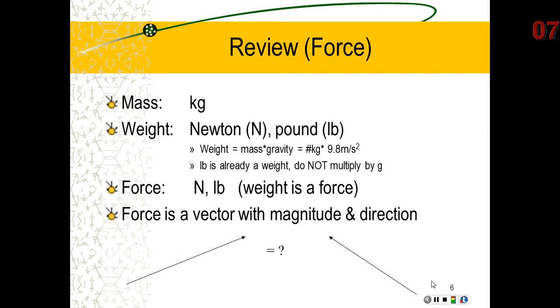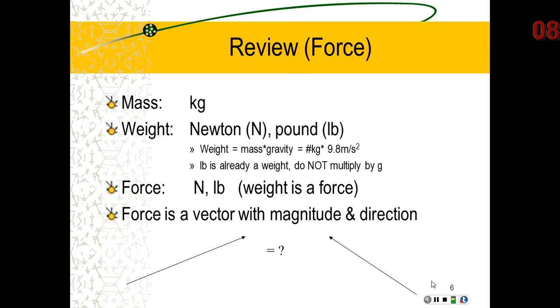So there's a little bit of confusion that people think kilograms and pounds are equivalent, but really they're looking at different things. A kilogram is a mass, a pound is a weight. If we want to make them equivalent, then in the metric we would have to refer to newtons, and obviously there would be a conversion factor. But a weight in a metric is a newton, and in the U.S. customary is pounds.